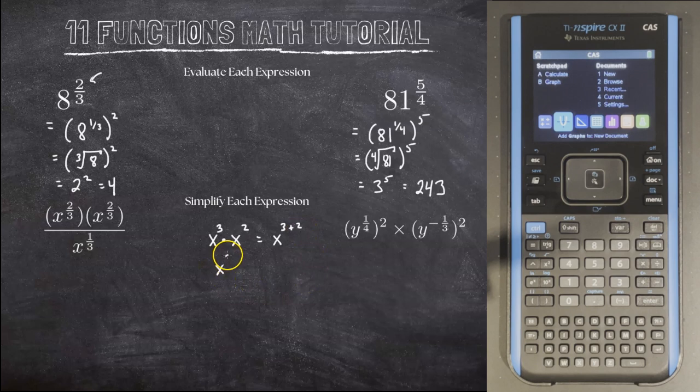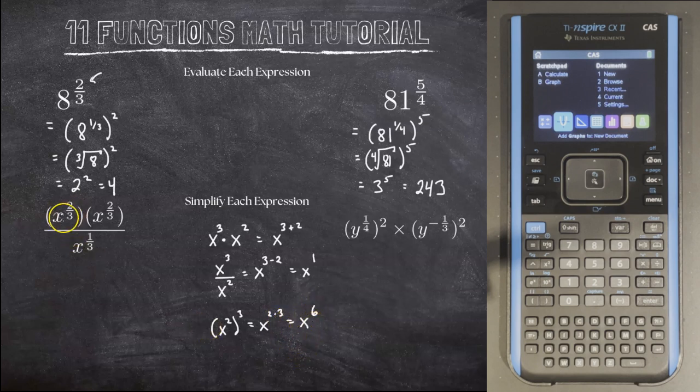If we divide these similar terms with the same base, then we are going to subtract them. So that's 3 minus 2, which is just x to the 1. And finally, just as we used above, if we do a power of a power, so like this, then we multiply them. So that's 2 times 3, which is x to the 6th.